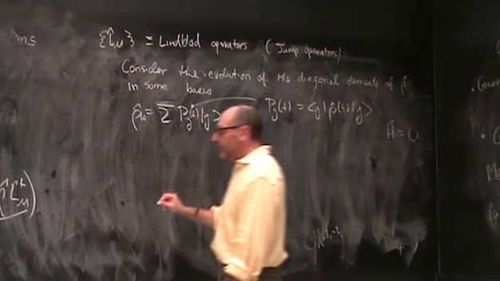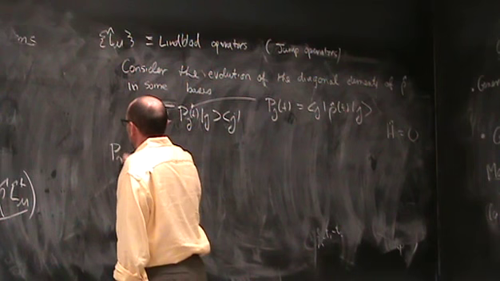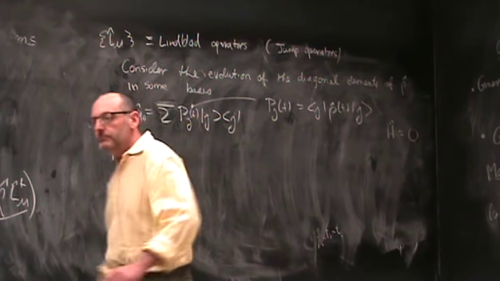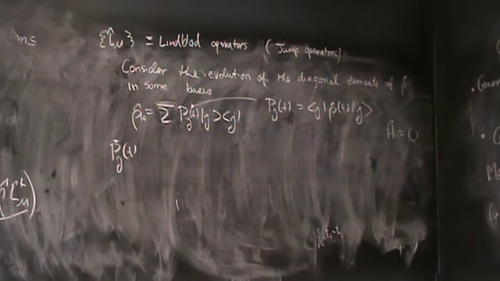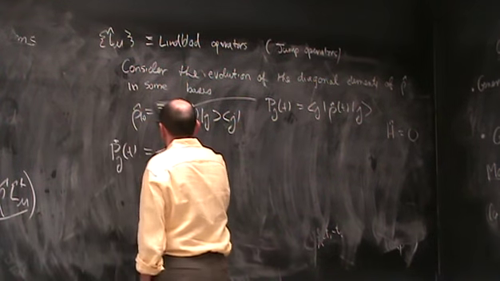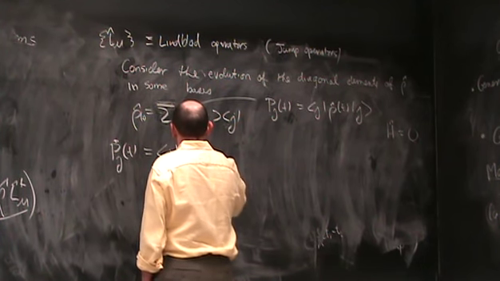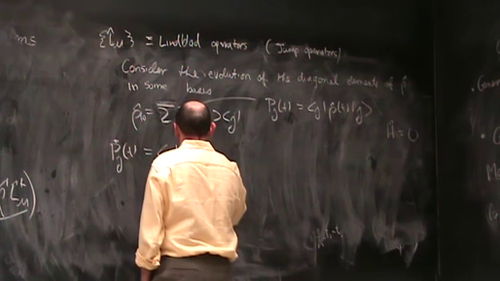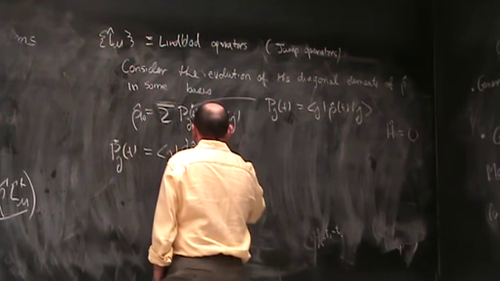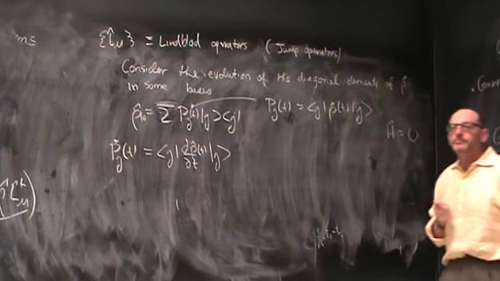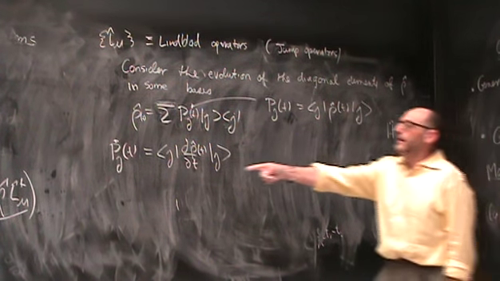Well, the time rate of change of those populations is equal to the time rate of change of the density operator matrix elements. And then we just plug that in.